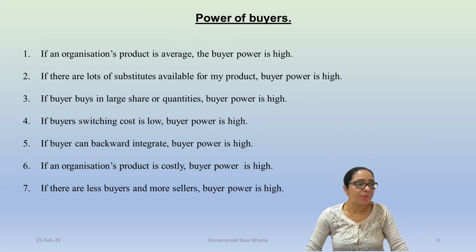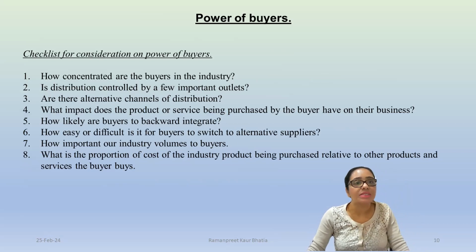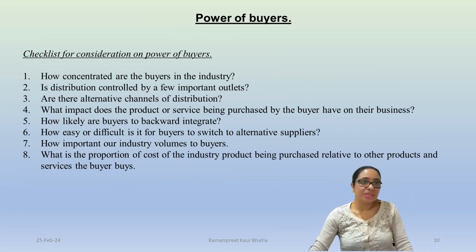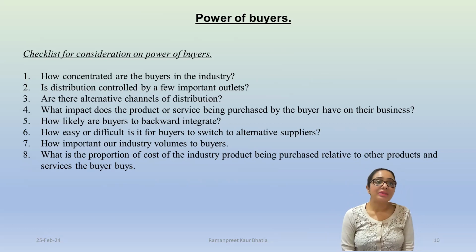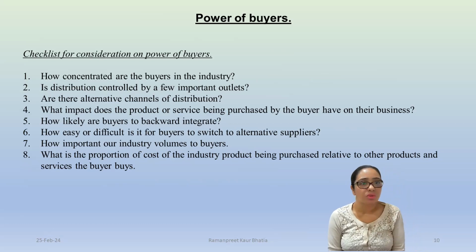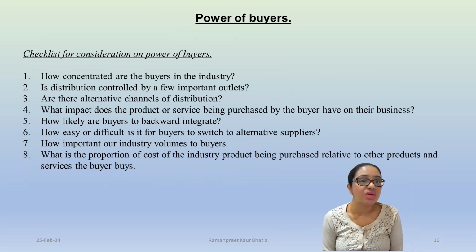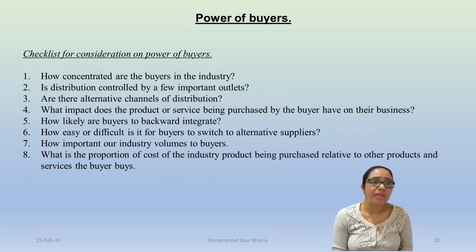Now we'll just summarize the checklist for consideration on power of buyers. How concentrated are the buyers in the industry? Is distribution controlled by a few important outlets? Are there any alternative channels to distribution? What impact does the product or service being purchased by the buyer have on their business? How likely are the buyers to backward integrate?